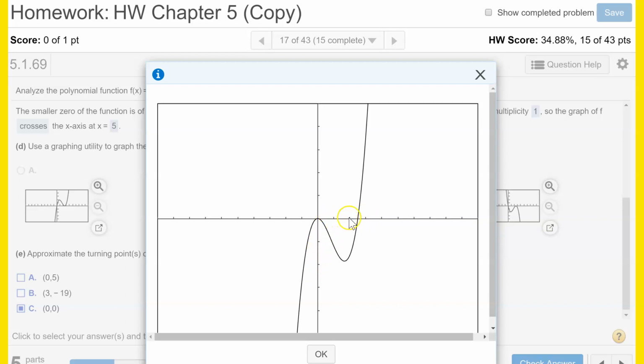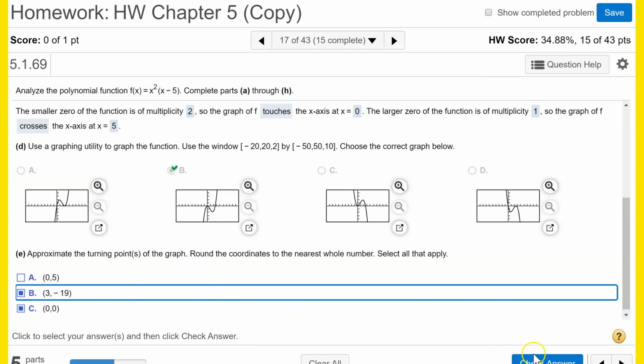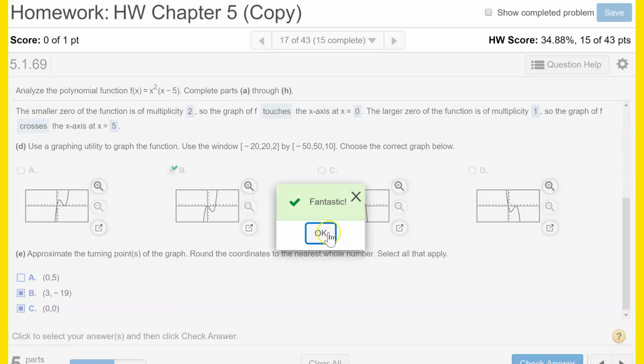So that looks like it's around 3 or 4, and this looks like it's around negative 20. So 3, negative 19 looks like another turning point. Of course, if you're doing this in your calculator, you can just get the exact coordinates of the turning points, or at least close to it, by doing second calc maximum and second calc minimum.